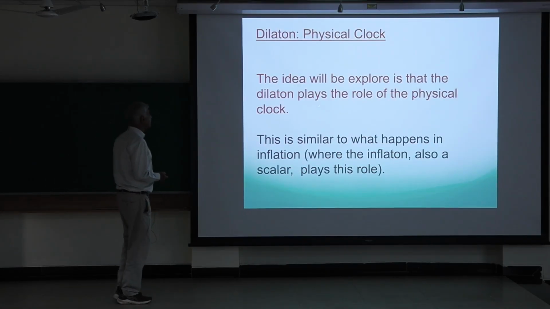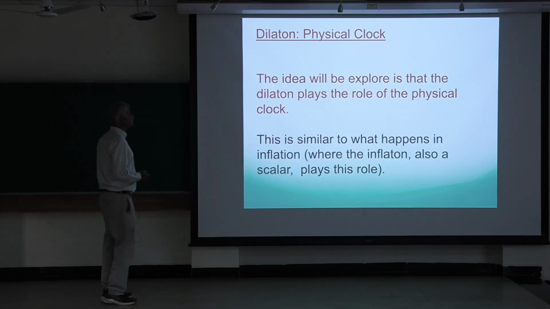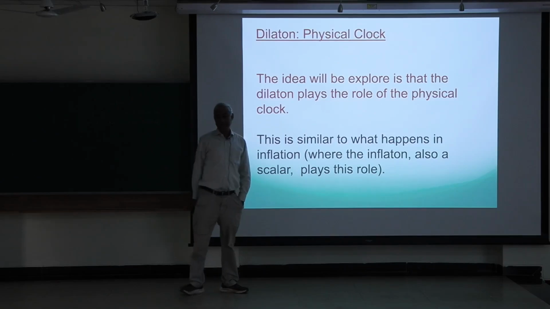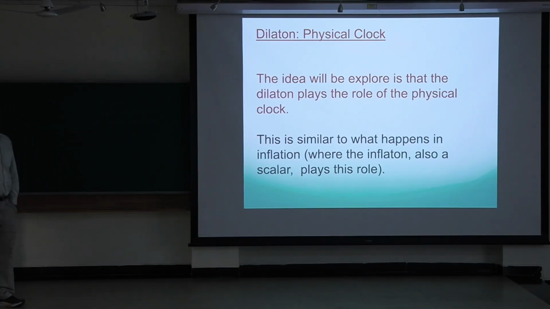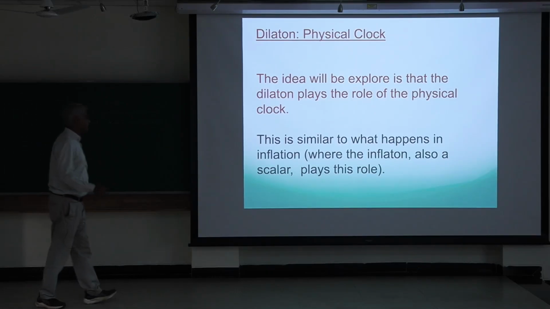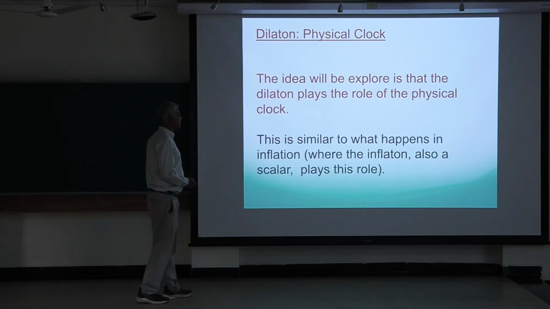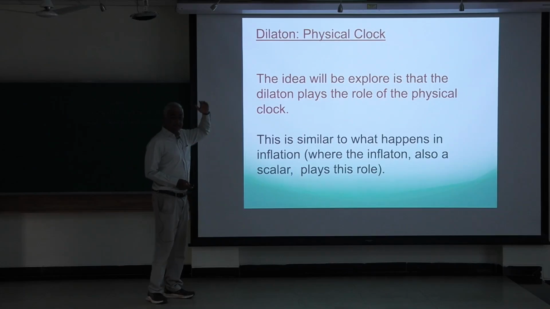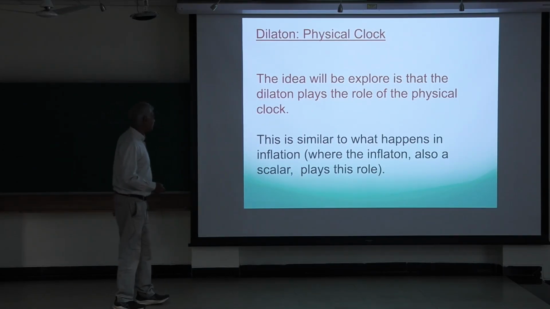Okay, and the idea we'll explore as far as the problem of time is concerned is to take the dilaton to be the physical clock, to play that role. This is similar to what happens in inflation. As you all know, in say 4 dimensions, the universe, there's good reason to believe, went through a very rapid expansionary phase where it was close to de Sitter called inflation, and there is a scalar field which rolls, slowly relaxing the cosmological constant, called the inflaton.